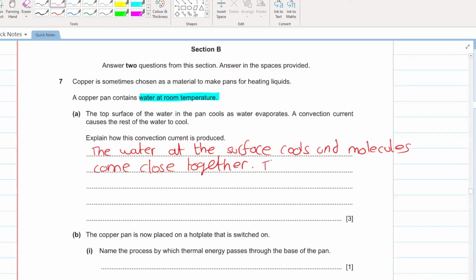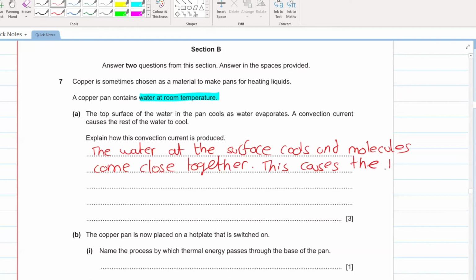This causes the density of water at the surface to increase.